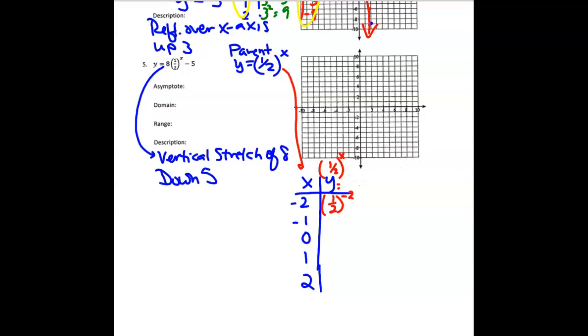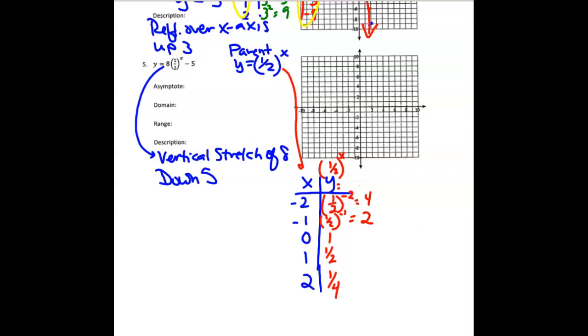So flipping it turns it into a 2, squaring it turns it into a 4. 1/2 to the -1 power just is going to cause it to flip. Anything to the 0 power is 1. 1/2 to the first power is 1/2. And 1/2 to the second power, we square them both, we get 1/4.